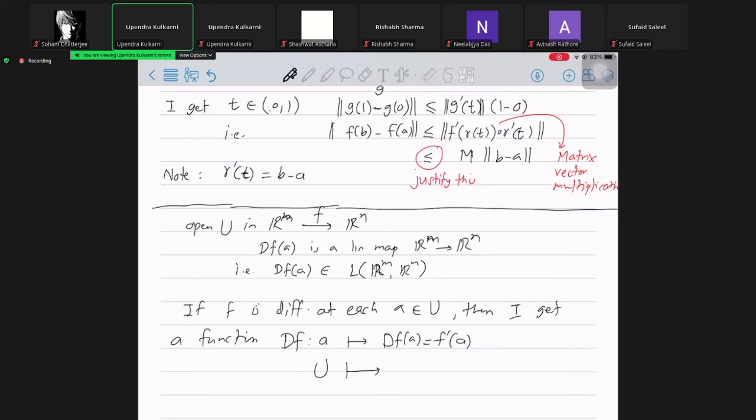The input is a point. Oh, sorry, I should not write this. So df is a map from where to where? The input is a point and the output is a linear operator from Rm to Rn.